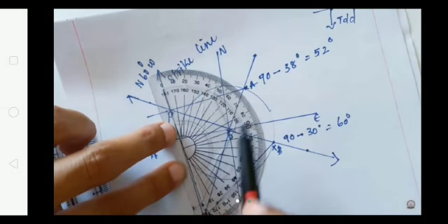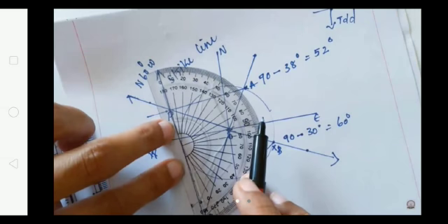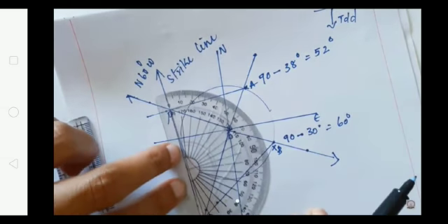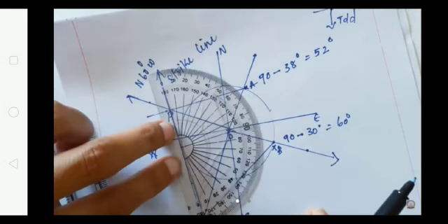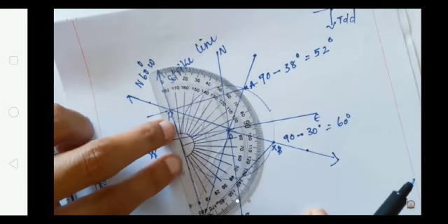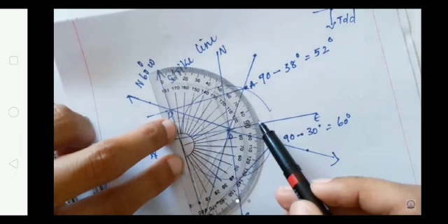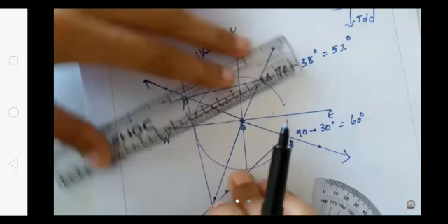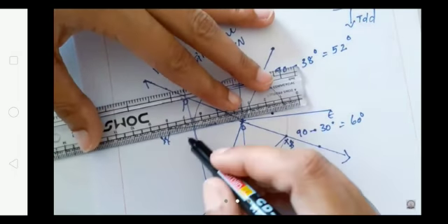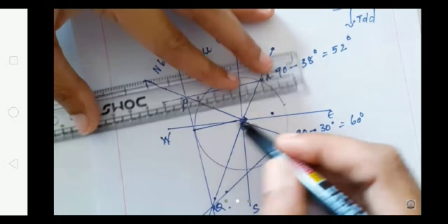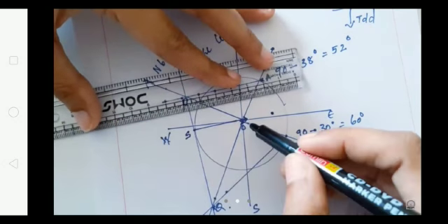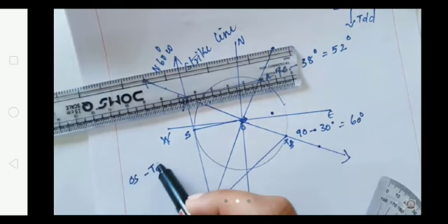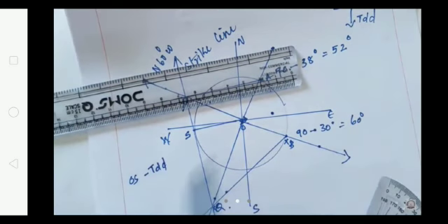You should keep your protractor along the strike line. Then you have to mark 90 degrees to the O. Then join that till the circle. You can name the line. Here it has been named as OS. That is the true dip direction.